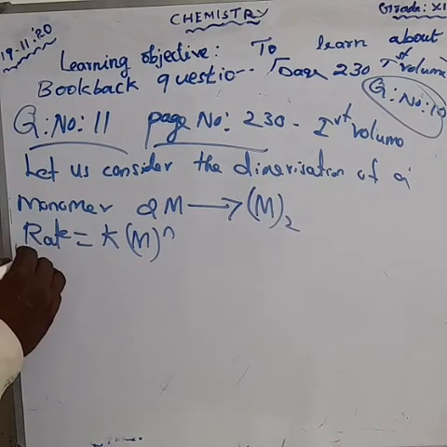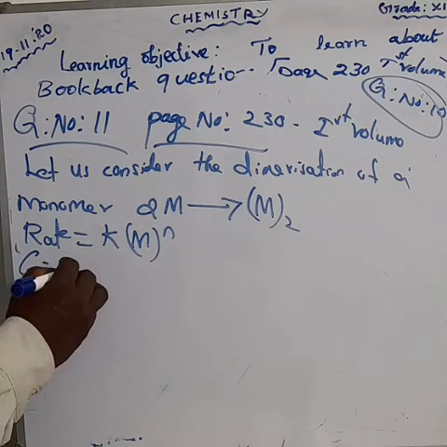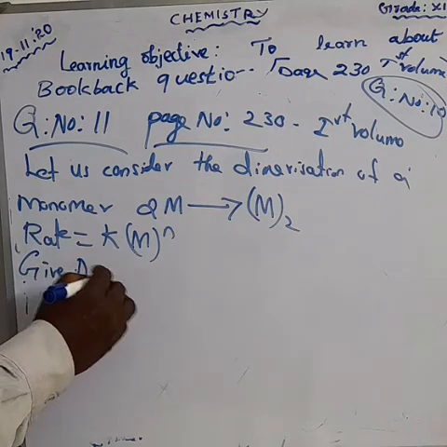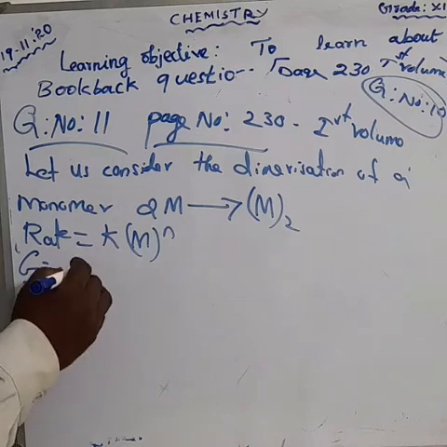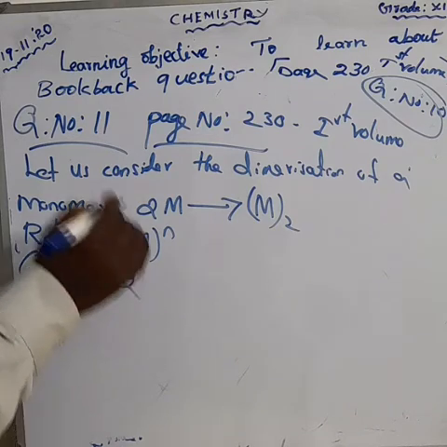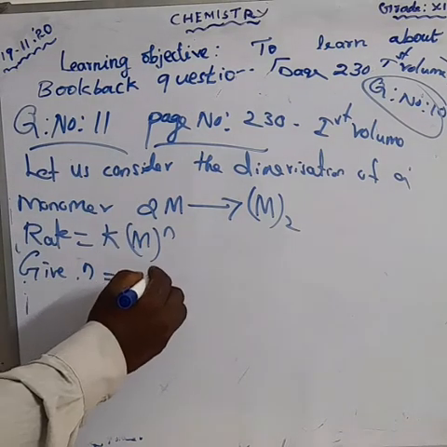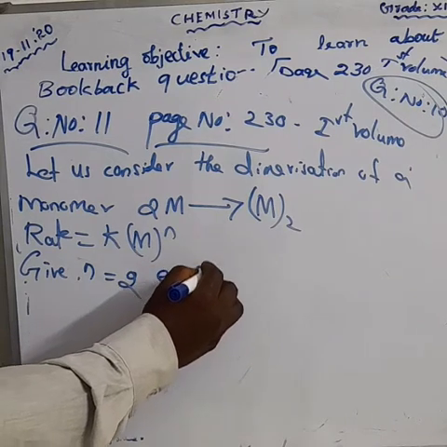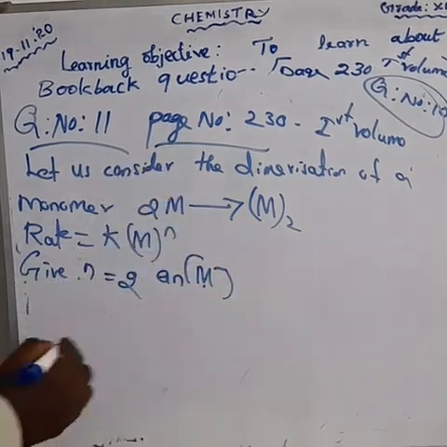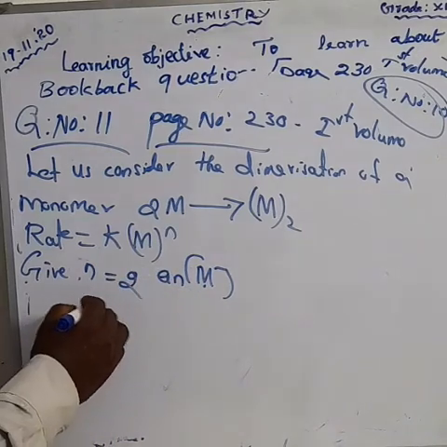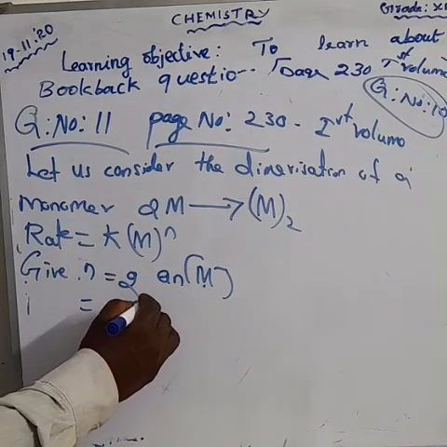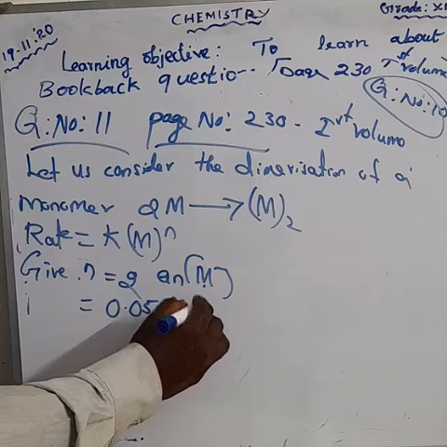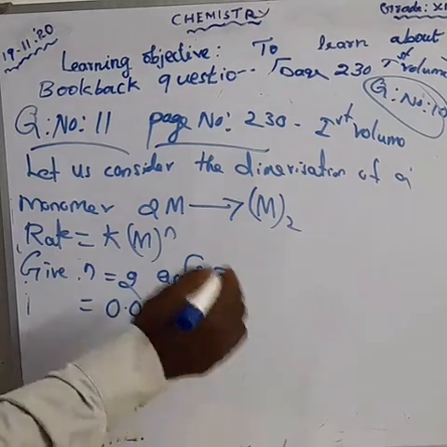Then what are the given? Given n is equal to, what's the value of n? n is equal to 2 and M is equal to 0.05 mole liter inverse.